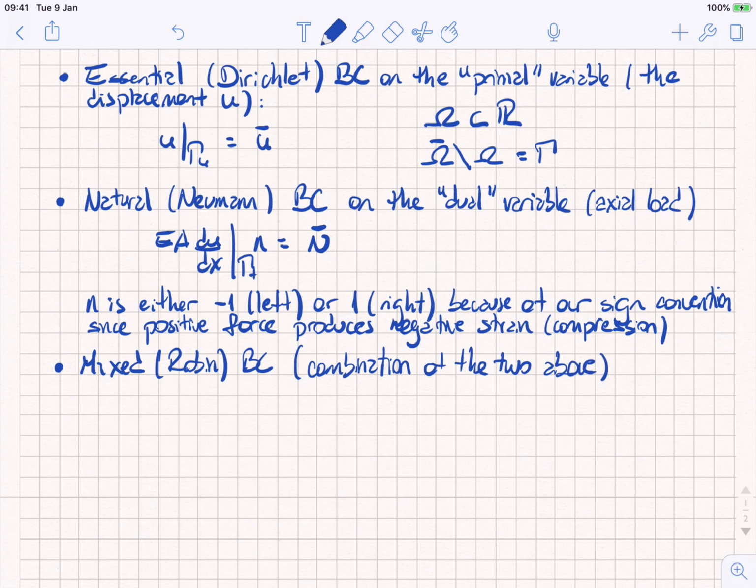We're going to combine these two, and I'm going to use the gamma H symbol here to denote that part of the boundary with mixed boundary condition. And then this is equal to H (u minus ū) at gamma H.